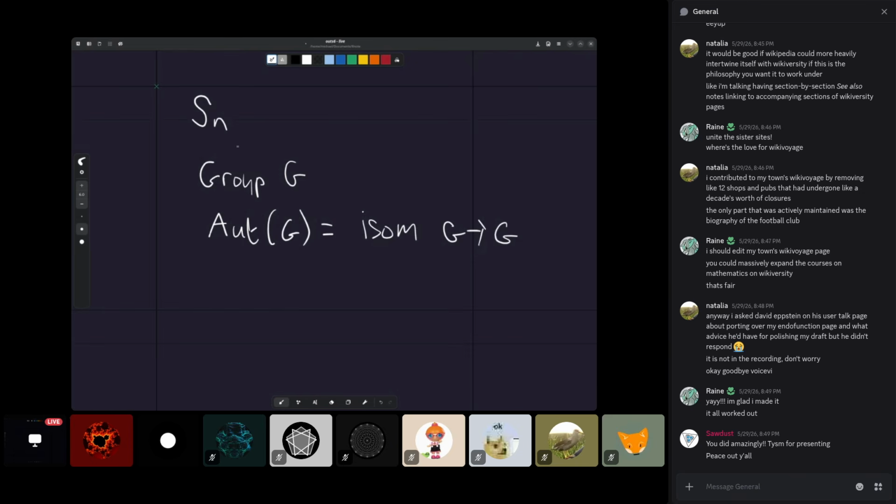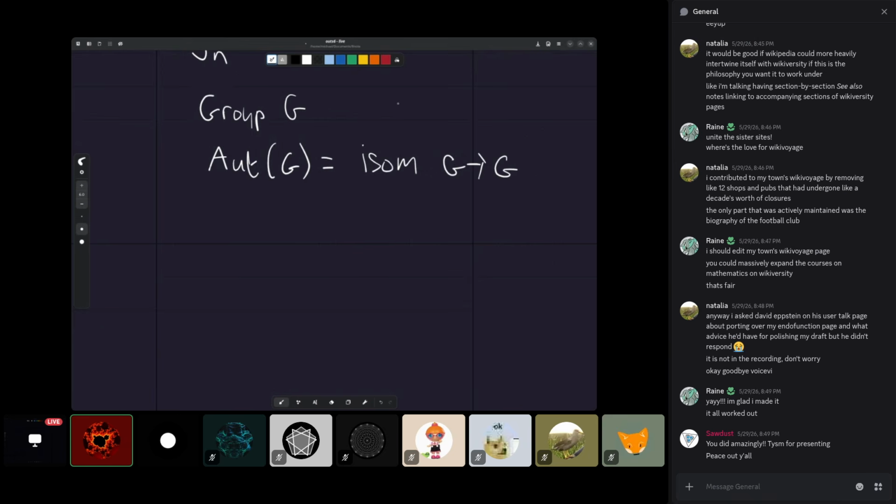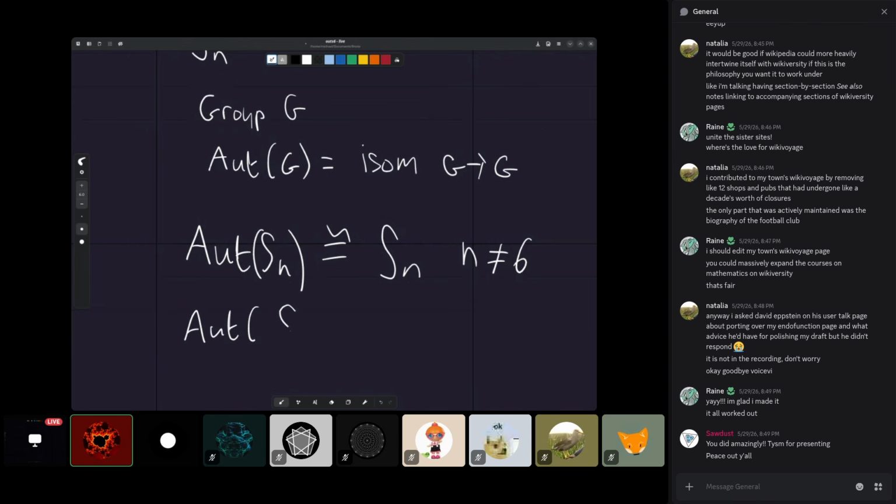And so the thing with the symmetric groups is when you take the automorphism group of Sn, what you get is it's isomorphic to Sn, but only when n is not 6. When n is 6, it's bigger.